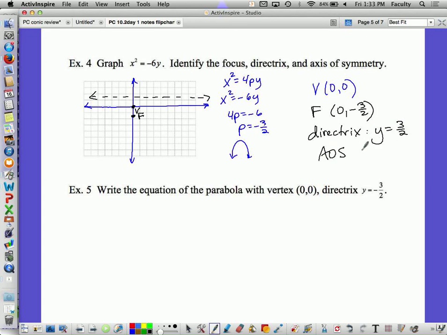The axis of symmetry would be x is 0. And then what point did you guys do? Did you use 6 again? Okay. Or negative 6. So x squared is negative 6 times negative 6. So x is plus or minus 6. 1, 2, 3, 4, 5, 6.